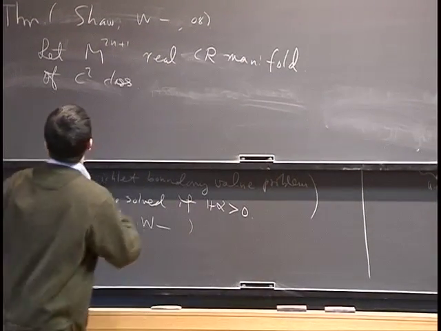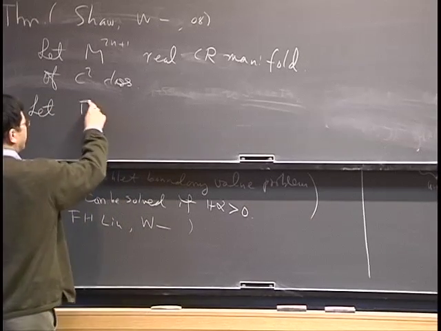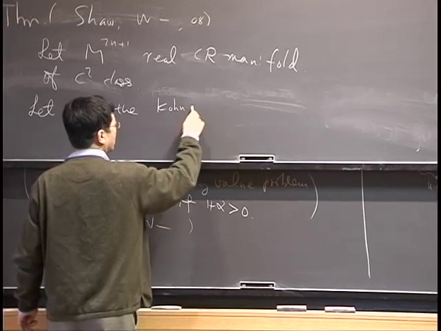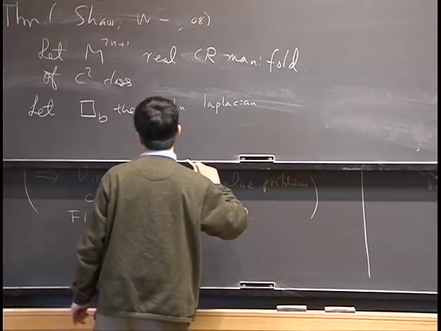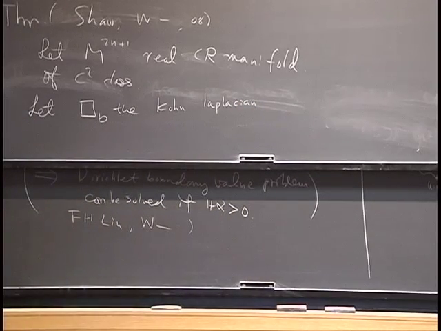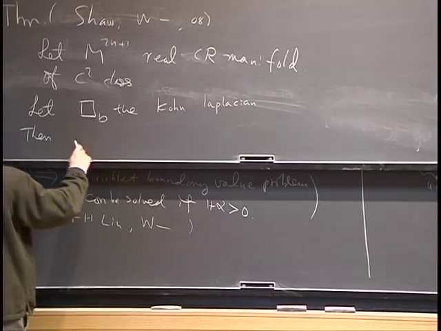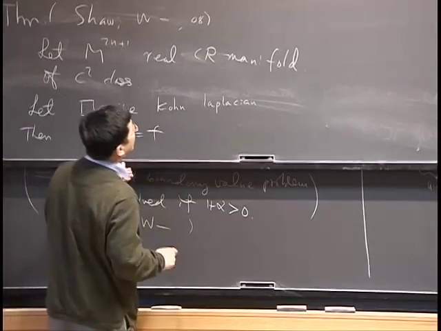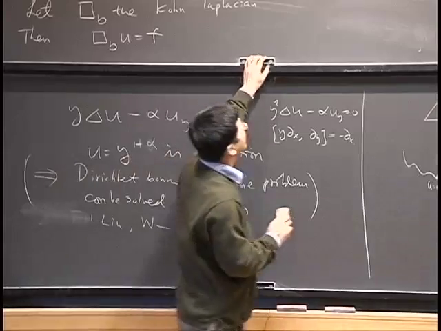Let me then let box B be the Kohn Laplacian. This can be defined on any (p,q) form. Then box B U equals F. Let's write it here.